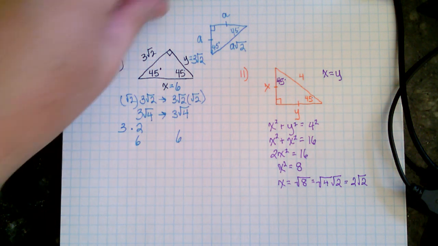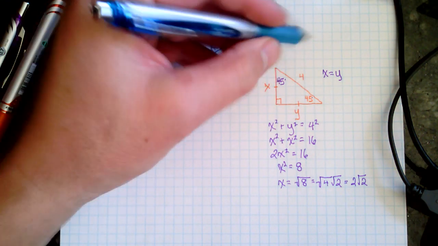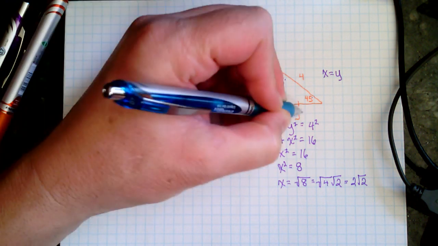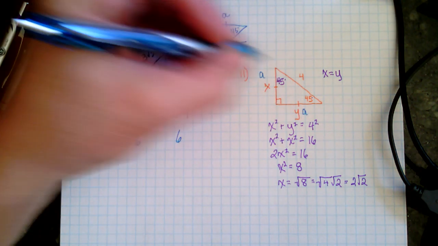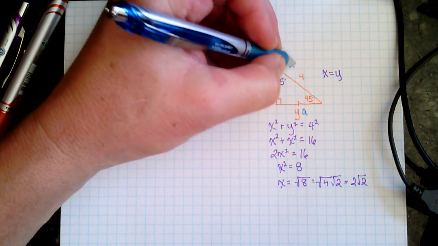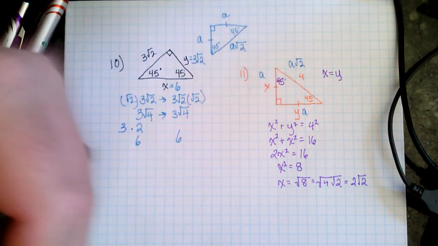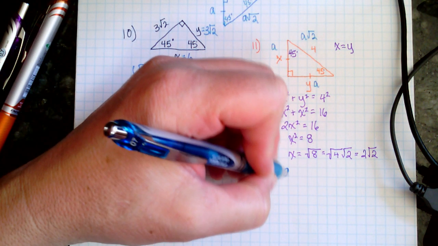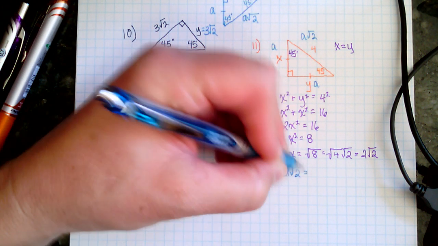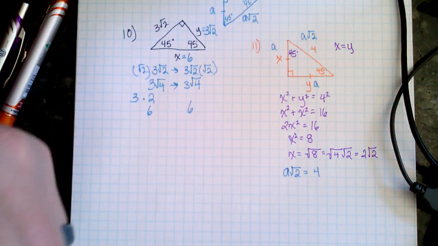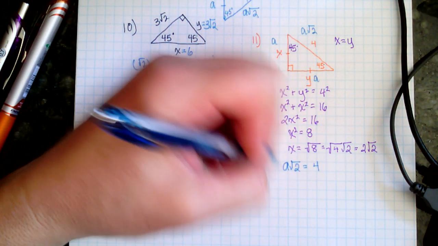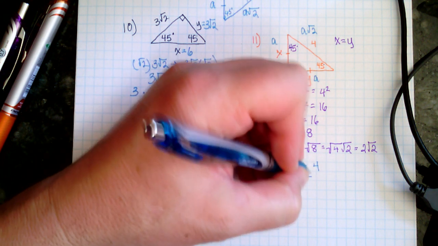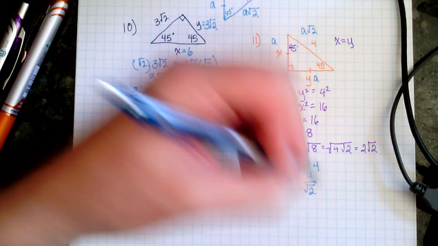The other method for solving this is if you consider that in our template, this is A, and then that makes A root 2 this side. So you could say the side that is A root 2 is equal to 4. Then to get A, you would divide both sides by root 2. So A equals 4 over root 2.